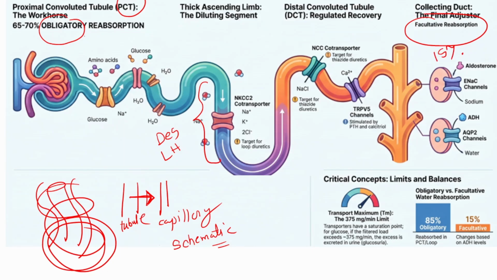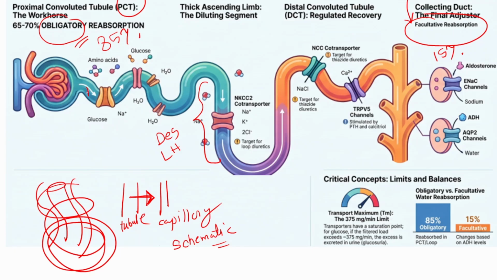So obligatory reabsorption constitutes 85% and facultative reabsorption constitutes 15%. And to drive this massive reclamation, we must place the absolute metabolic engine of the entire nephron on our canvas. We locate the primary engine, the sodium-potassium ATPase pump, embedded densely along the basolateral membrane of the epithelial cells.